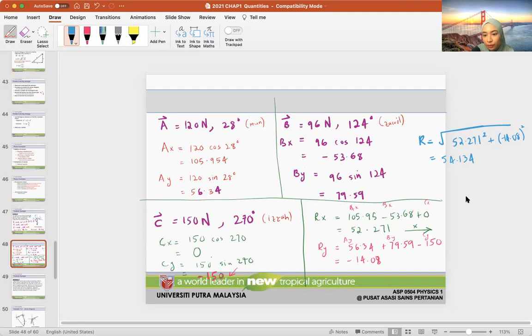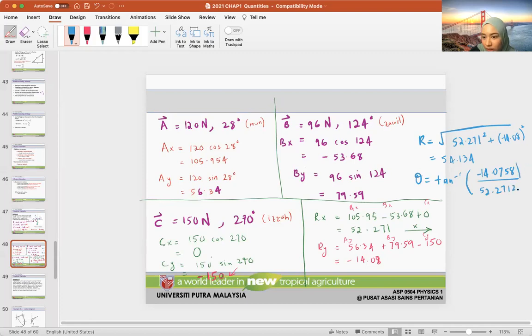Dapat tak jawapan R ni? Saya lain sikit. Okay, lain sikit tak apa. Tapi dapat tak? Lebih kurang 54.1. Dapat. Okay, Angle. Siapa Angle? Amy. Dan negatif 1 darab negatif 14.0758 per 52.2712.